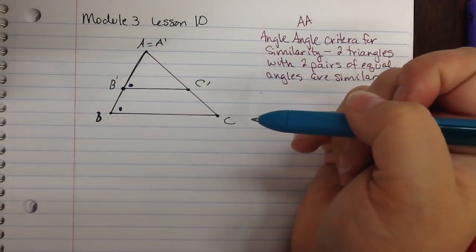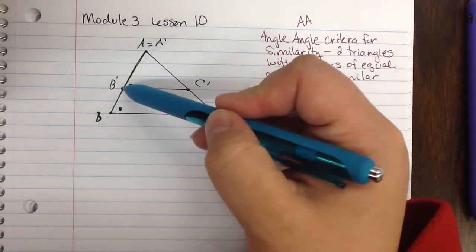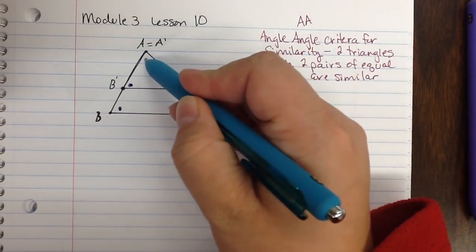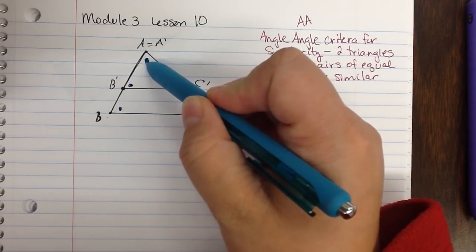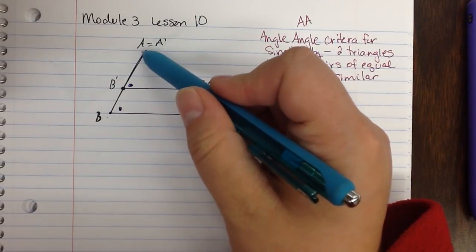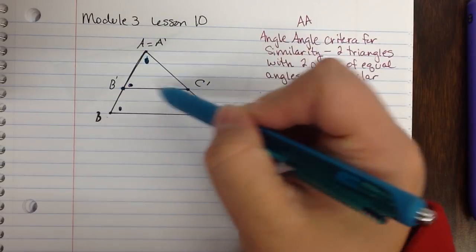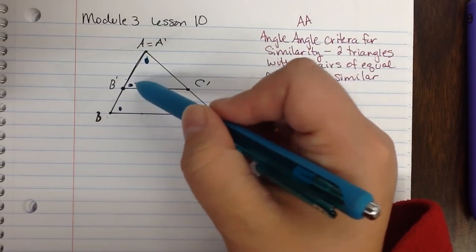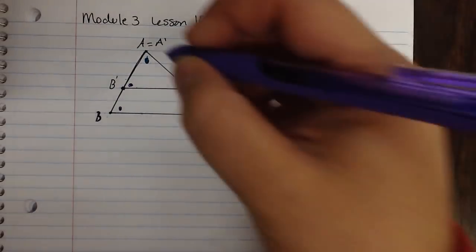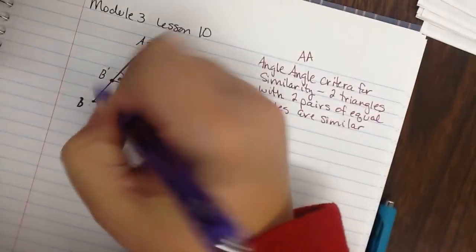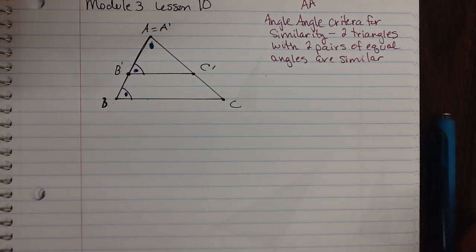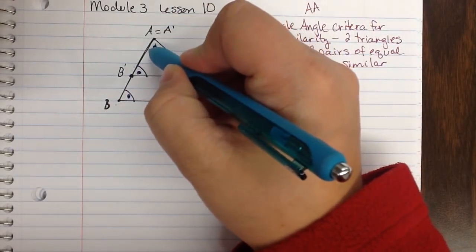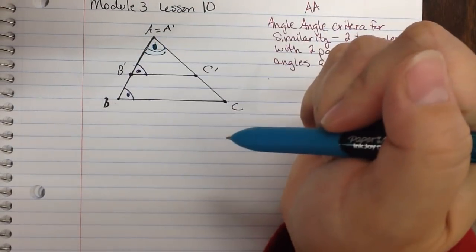It is also saying that angle B prime, A prime, C prime is equal to BAC, which is in the same location. So this angle is equal to itself, and this angle is equal to this angle right here. And we can mark that by angle measures, or arc marks like that. So we know these two are equal, and this one is equal to itself.